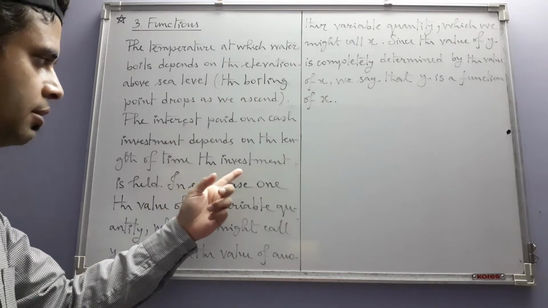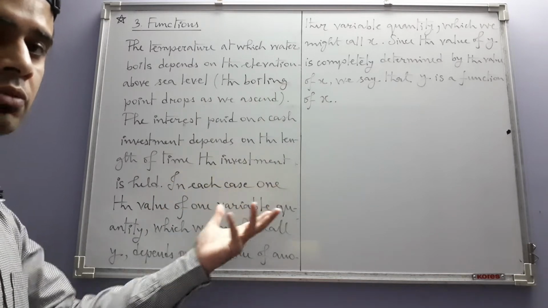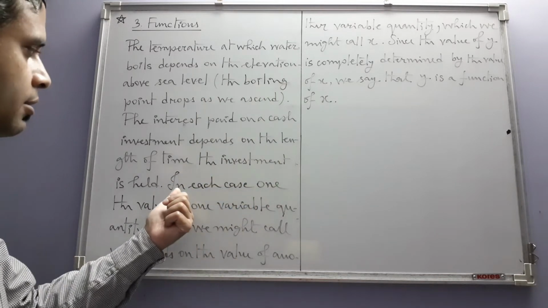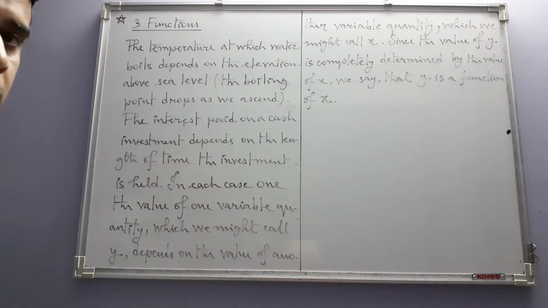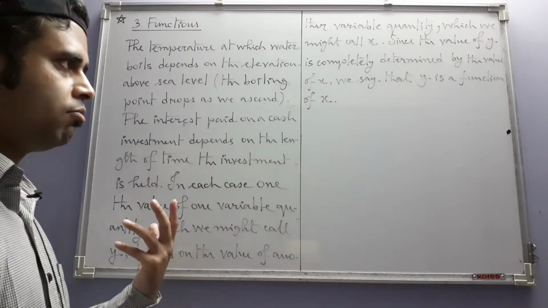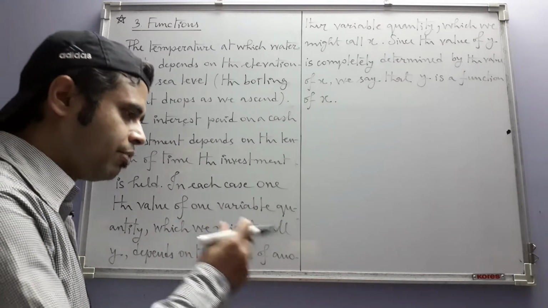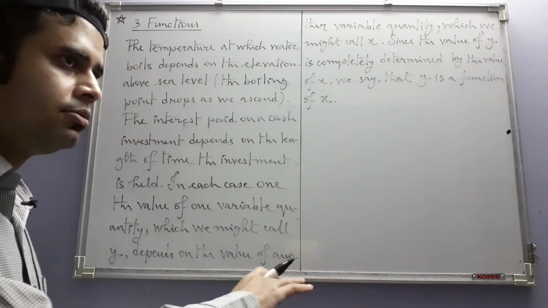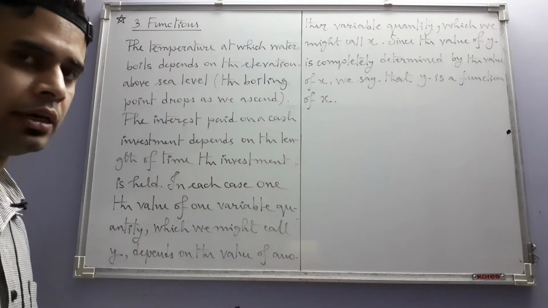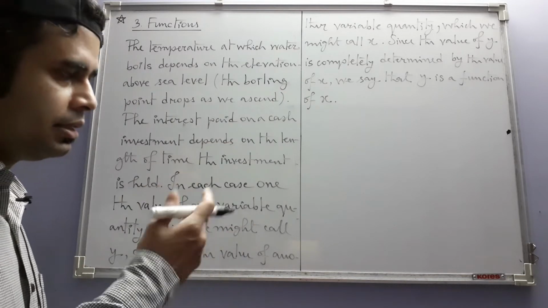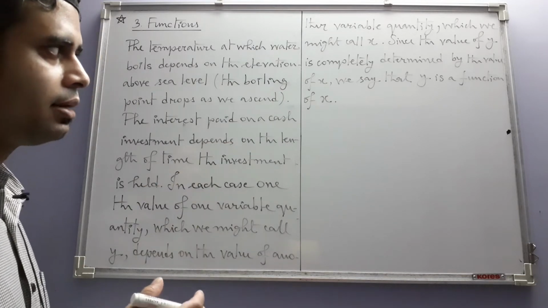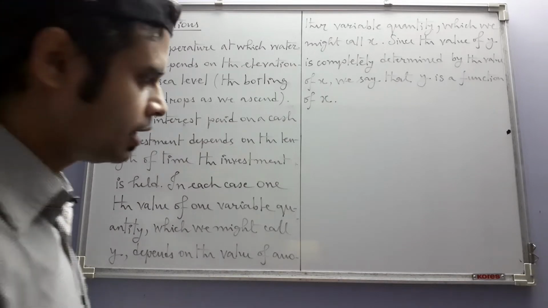Here x is length of time for which a cash investment is held, and y is interest. So in these cases, y is completely determined by x. When you have one value of x, that tells you the corresponding value of y. So in this situation, we say that y is a function of x.